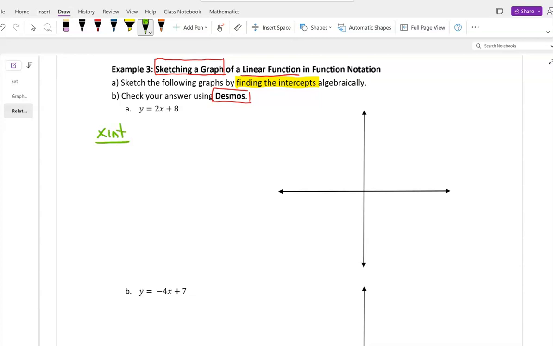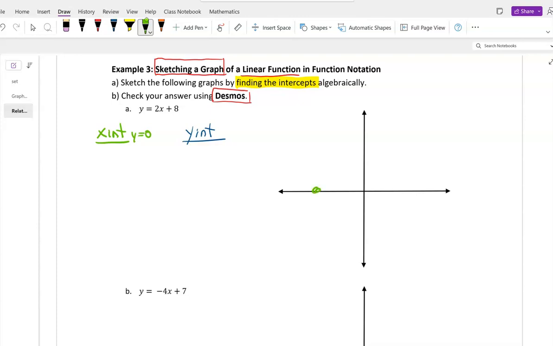So let's try this first one. We have an x-intercept, and we're going to find the y-intercept. A couple of things. First of all, you should recognize this as y equals mx plus b, so I know it's a line. I just have to figure out where it is. The first thing I'm going to do is find the x-intercept, where it crosses the x-axis. On the x-axis, the y value is 0.